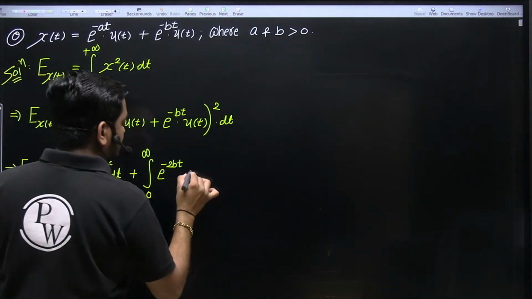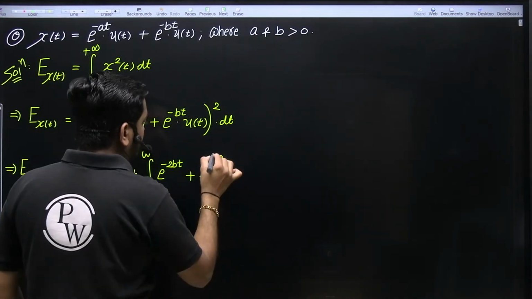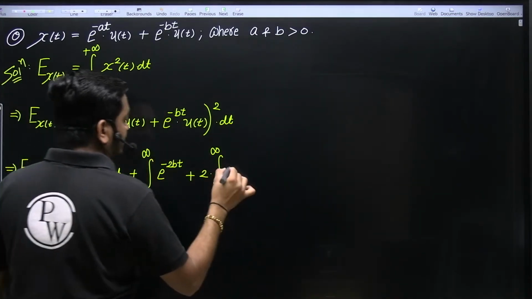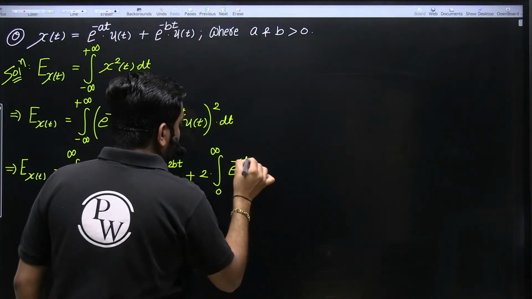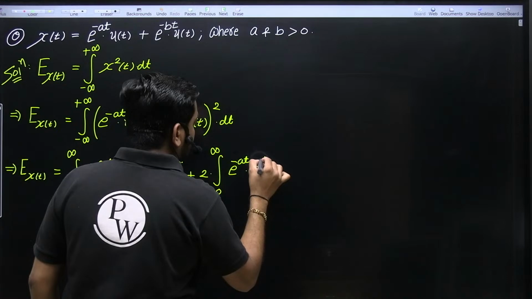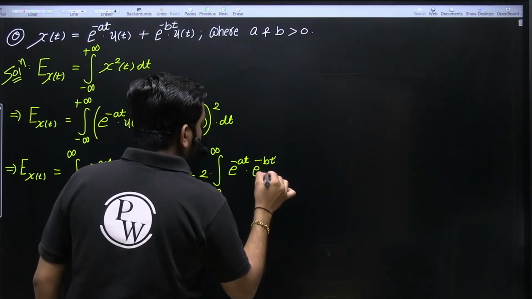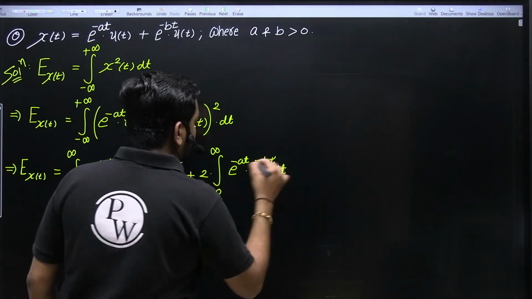That's why plus 2 times a into b, so again 0 to infinity e^(-at) into e^(-bt) dt.